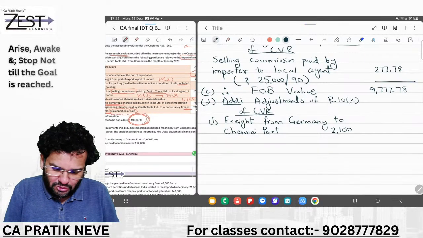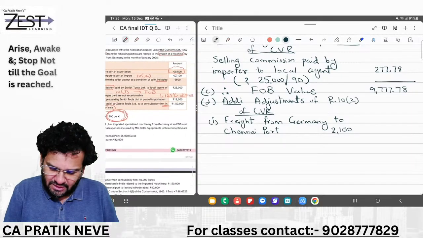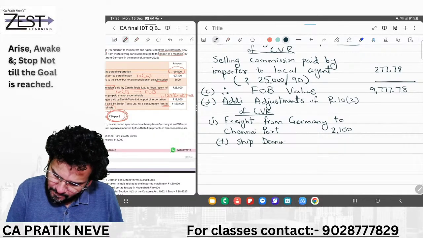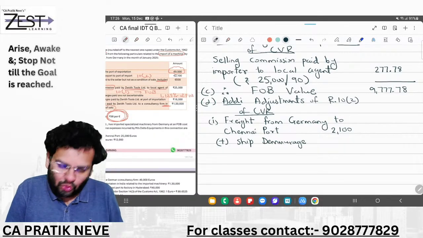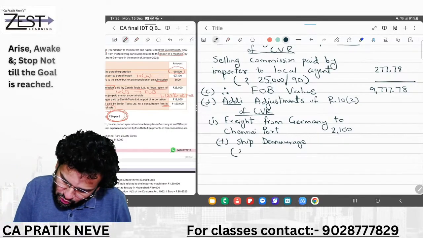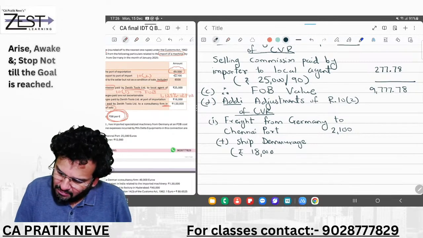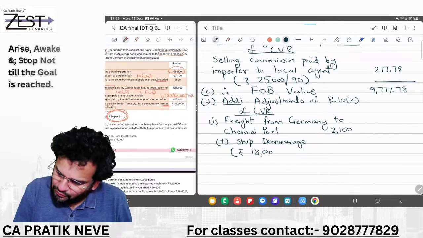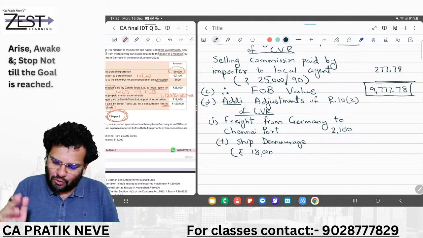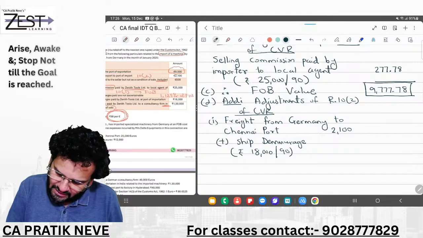But there is one more thing. There is ship demurrage. So add ship demurrage. It means you had to store your goods for some more time on the ship. So you paid rupees 18,000, but be mindful, this FOB is in euros, so your transport cost, if in euros, will be better.